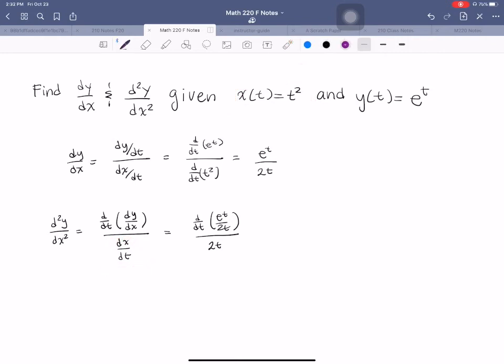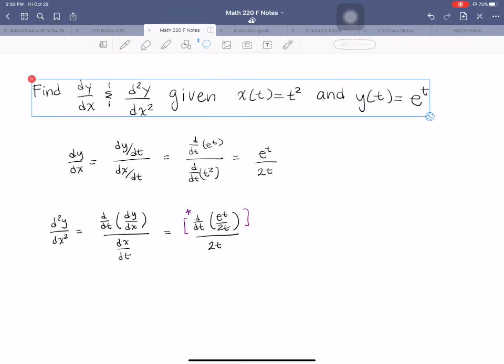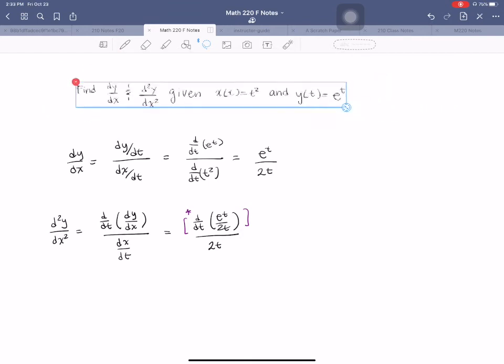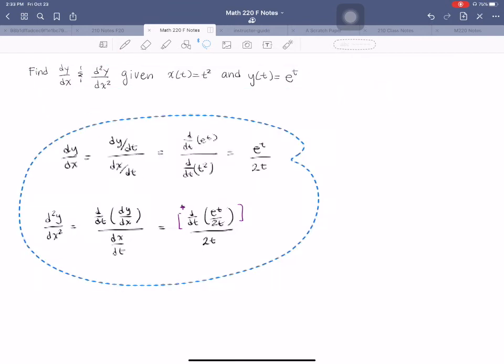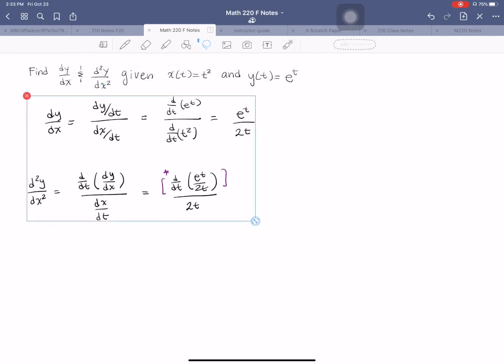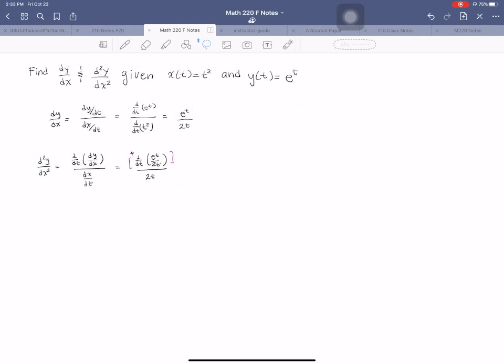So let's take care of the numerator separately, over here on the side. Here we're finding the derivative with respect to t of e to the t divided by 2t.